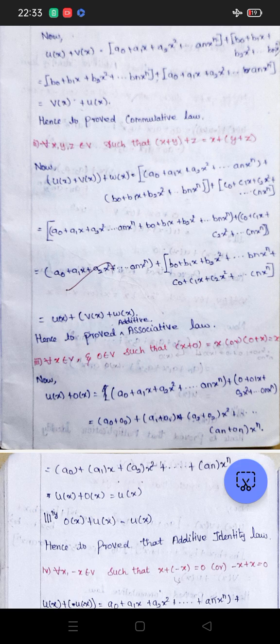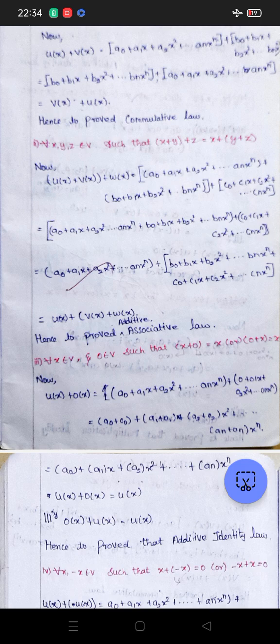You can write u(x) polynomial plus v(x) polynomial, plus w(x). Adding the first two polynomials: a0 + a1x + etc. + an x^n, plus b0 + b1x + b2x^2 + etc. + bn x^n, plus c0 + c1x etc.